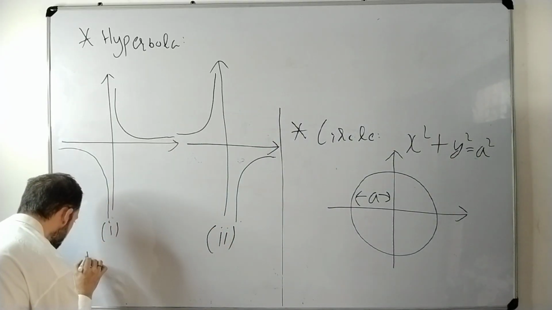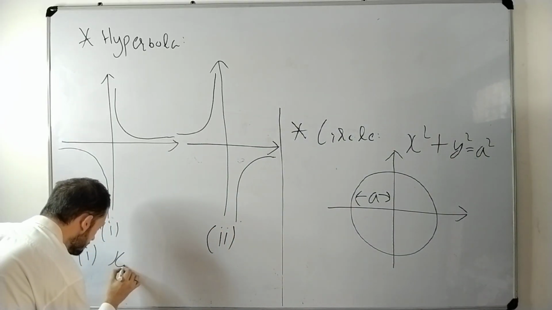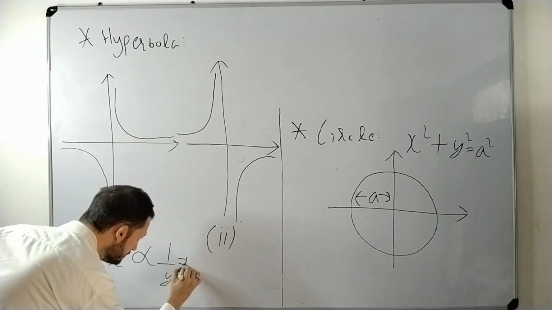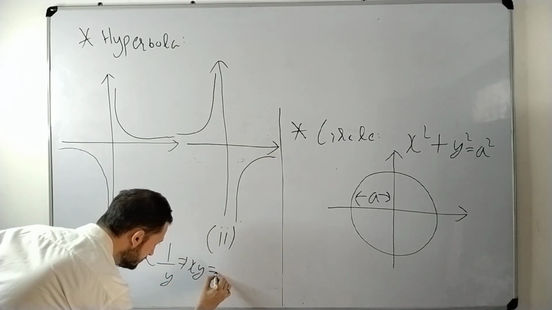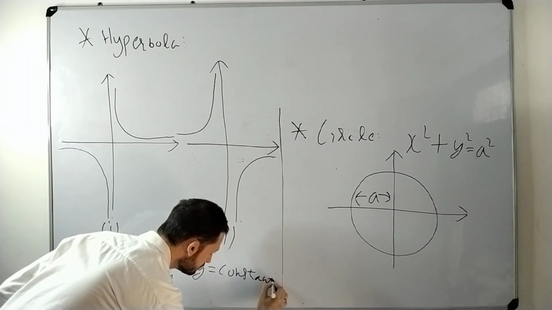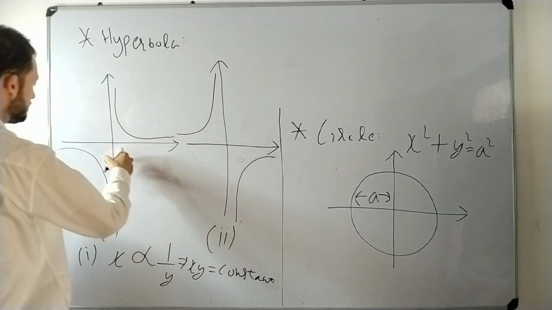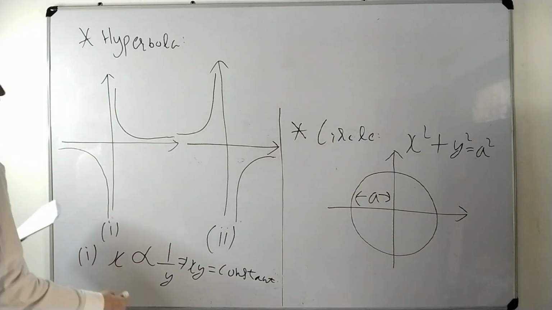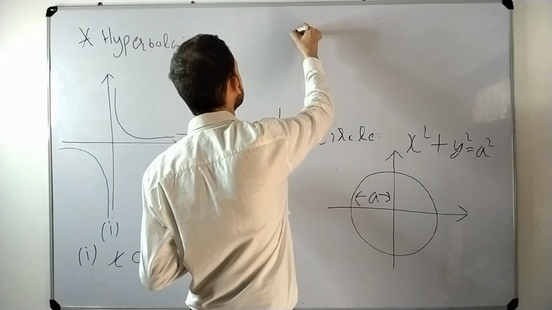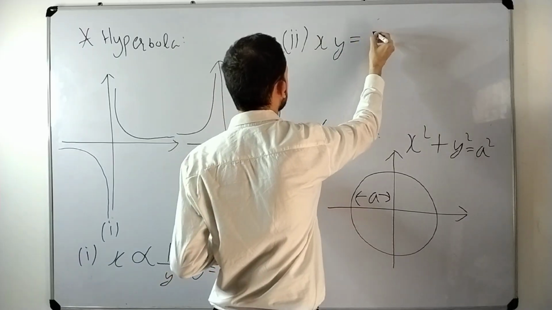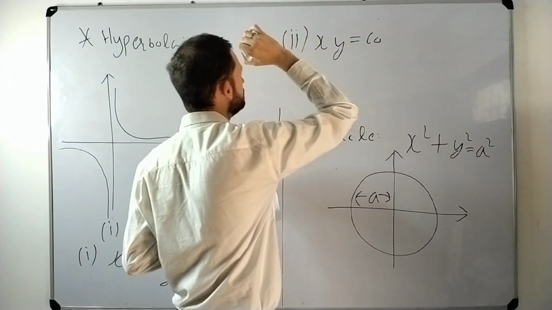So what does the first figure mean? If x is 1 by y, then xy happens to be what? Constant. This is the first figure, meaning xy is constant. Then the second figure, it would be just the opposite.